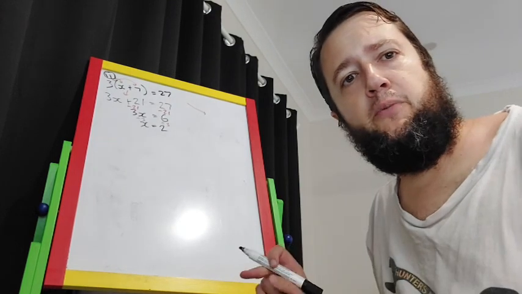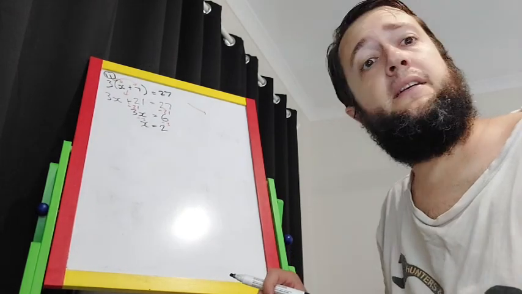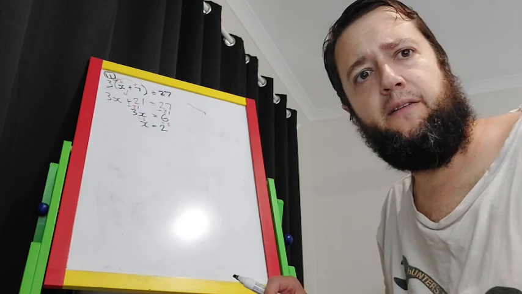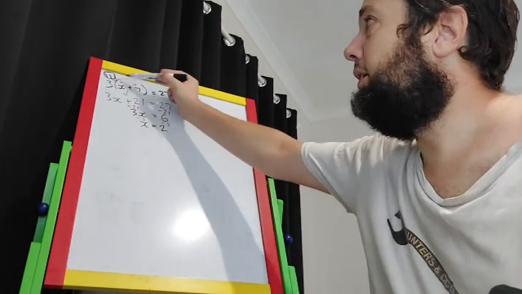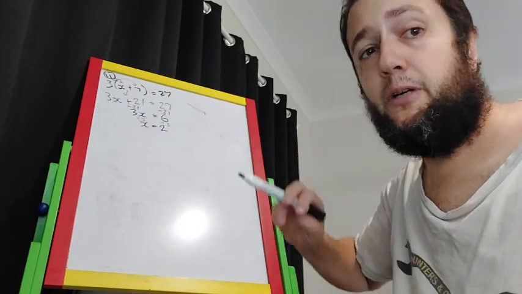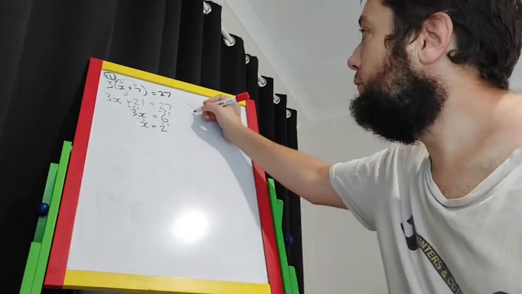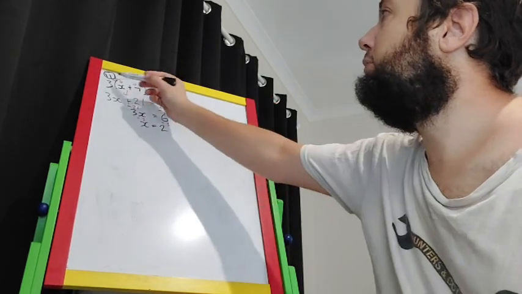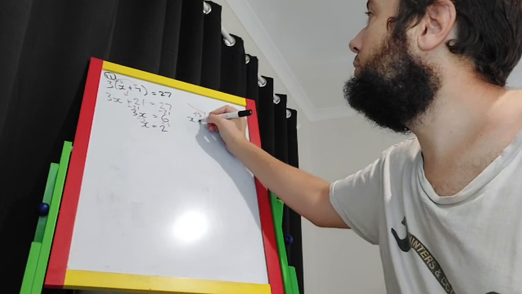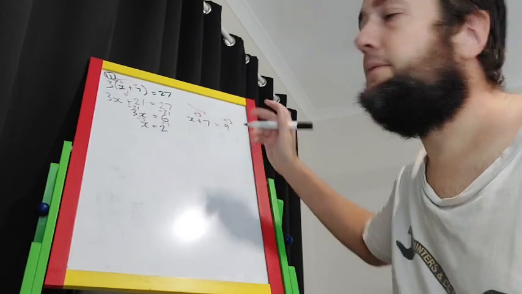But just for your amusement, as you are an extension class, there's a second way of solving this that's mathematically valid. If everything here is multiplied by 3, you could do the opposite of multiplying everything by 3, which is dividing everything by 3. In this case, that would get rid of your 3 and leave you with x plus 7 is 9.